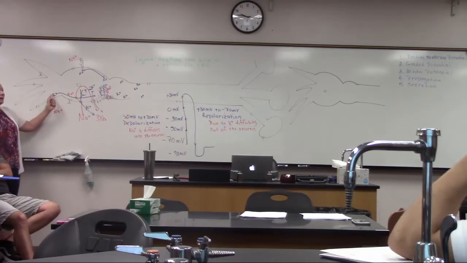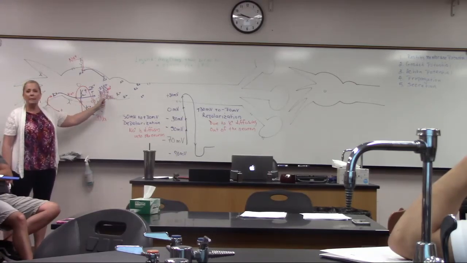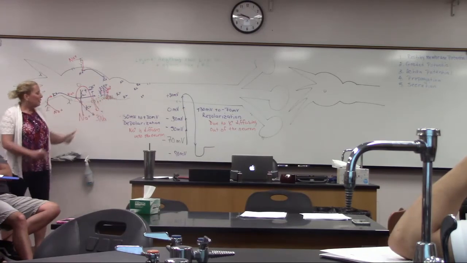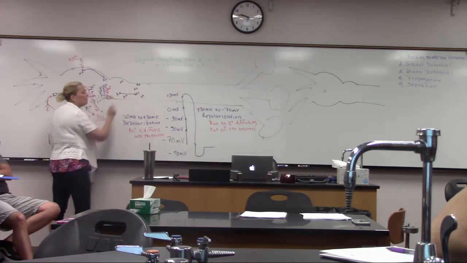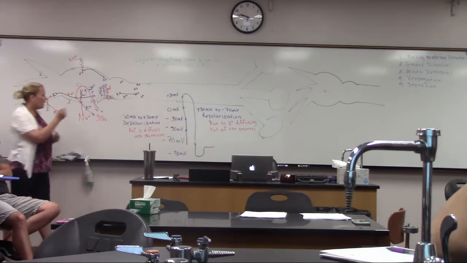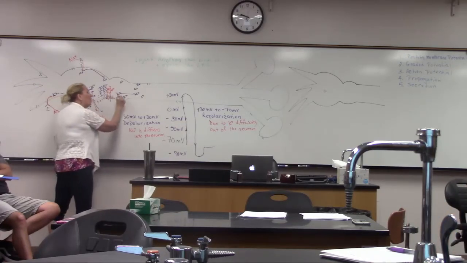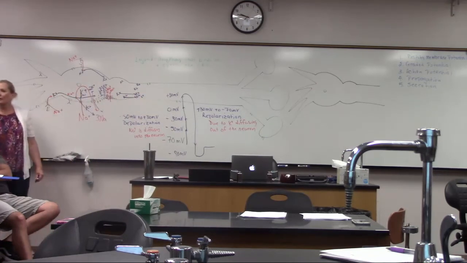So just like with the graded response, when the sodium diffuses in, the potassium ahead of it is going to repel. So when this sodium diffuses in, we see some potassium repelling down the neuron. Then more sodium diffuses in, and we're going to have more potassium repelling a little bit further down the neuron.